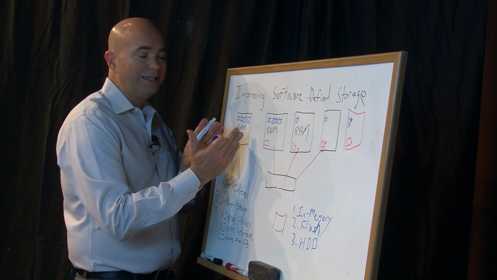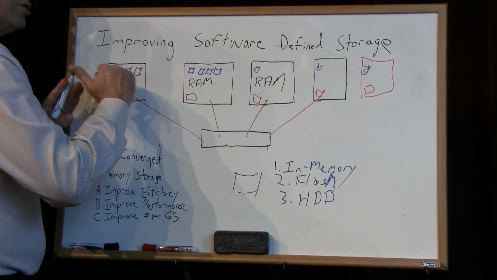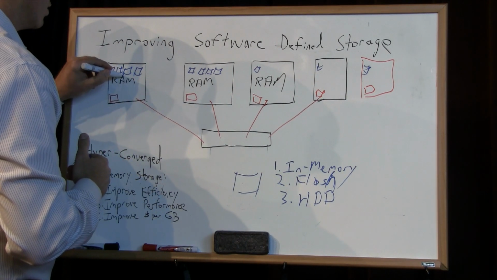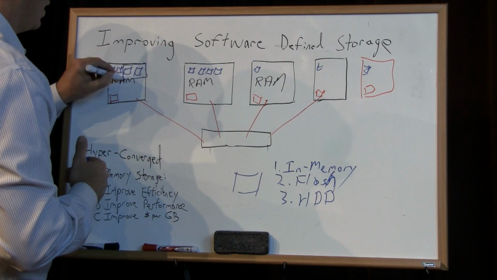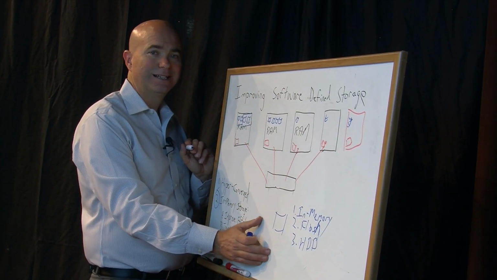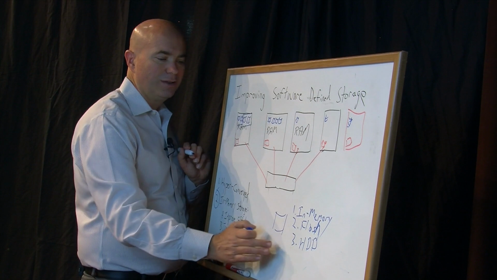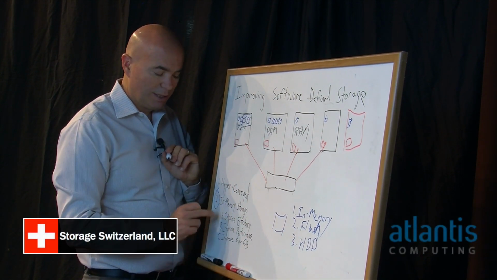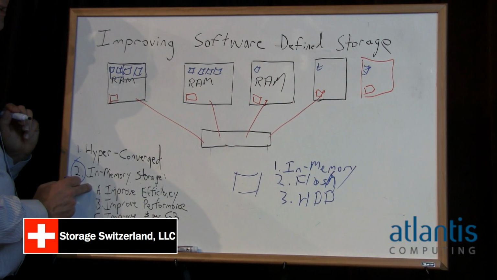Because remember, in these servers, since I'll be using local server storage, and I'll probably have some of that set up as flash, and then some set up as a hard drive, I don't have as much space, say, as I would in an enterprise class array. So that's the value there, is let's drive down the dollar per gigabyte as best as possible, and we can leverage a lot of the work we did up here.